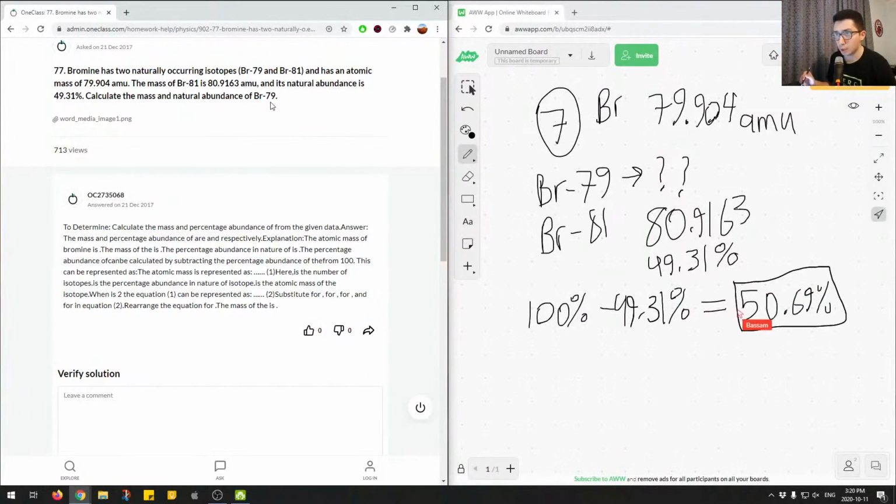And now to calculate the mass. We know the actual atomic mass of bromine is 79.904. We know the mass for bromine 81, and we don't know the mass for bromine 79. So we can use the weighted average of the two isotopes and their abundances. We'll represent the mass of 79 by the variable x.